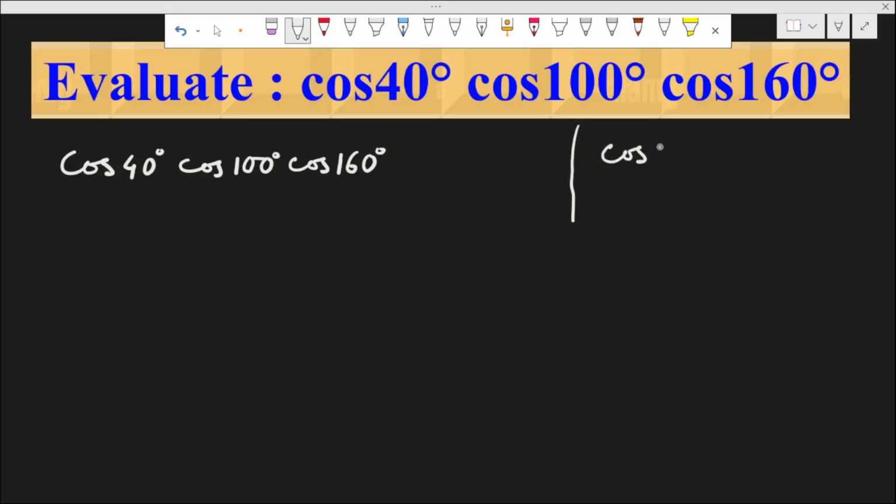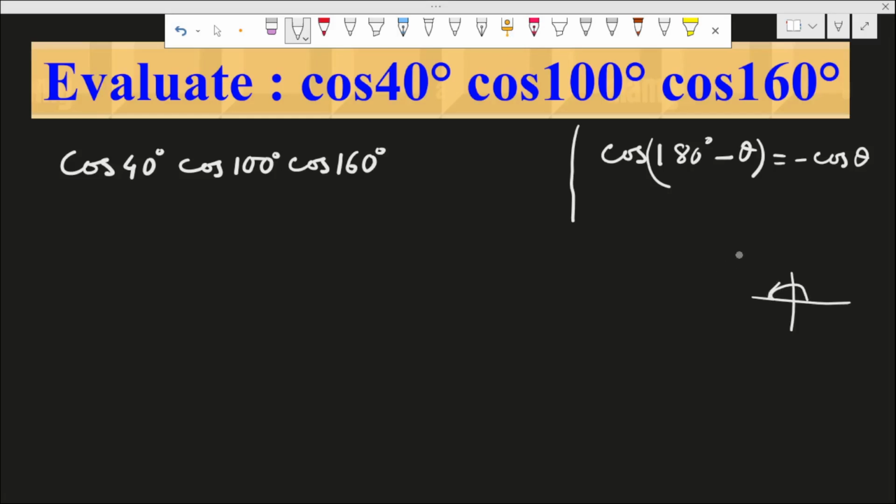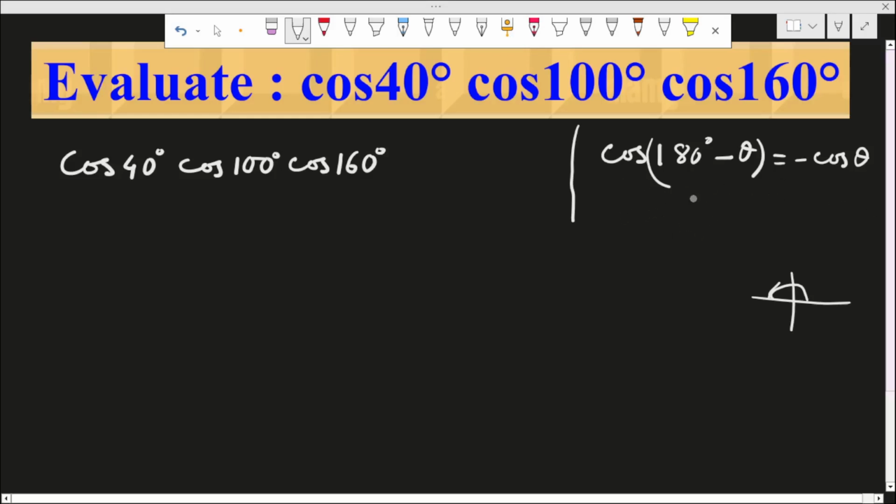Cos of 180 degree minus theta is equal to minus cos theta, because 180 degree minus theta means the angle is falling in the second quadrant, where cos is negative. Use this formula.